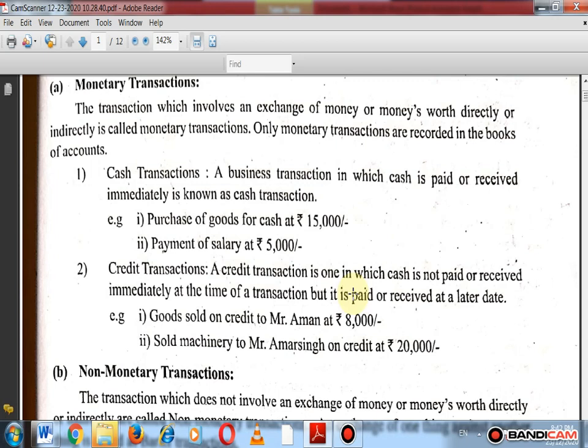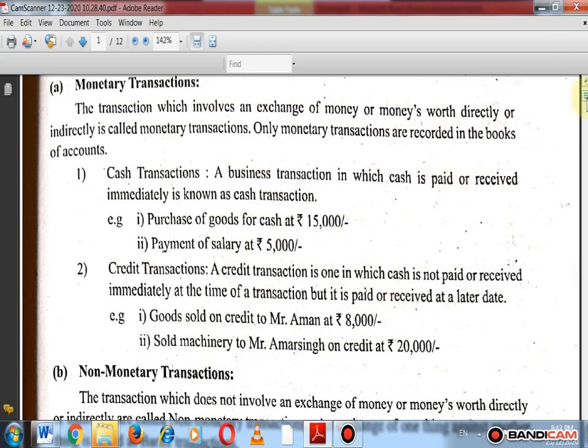So it is a credit transaction, because the goods were sold on 1st January and the amount was received in the next month or at a later date, that is 8 February 2020. This is known as a credit transaction.